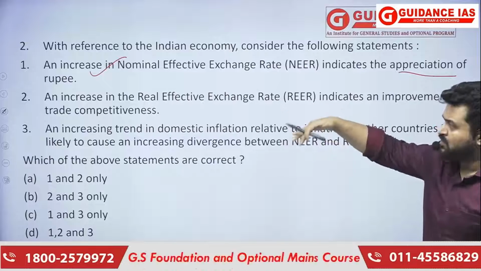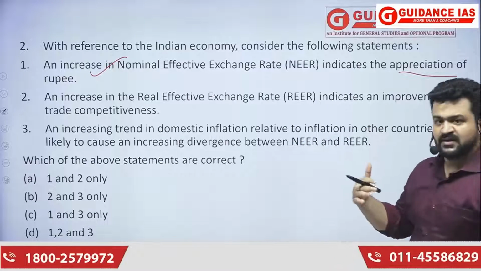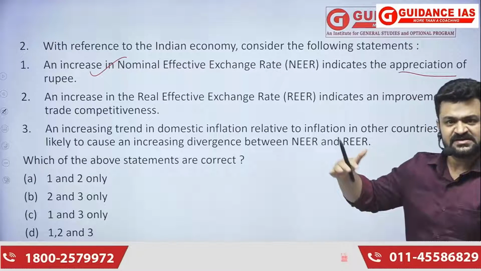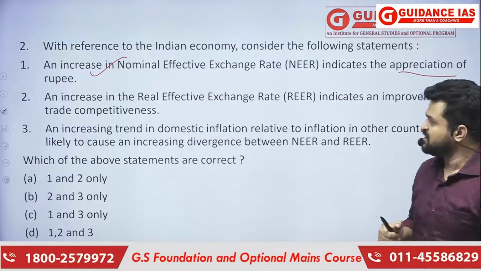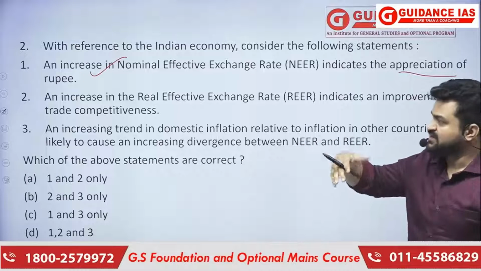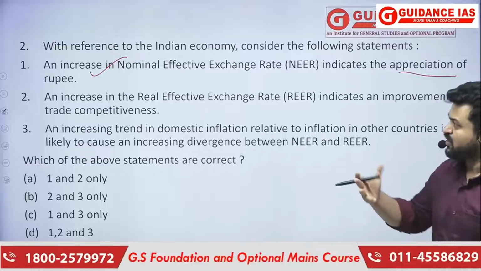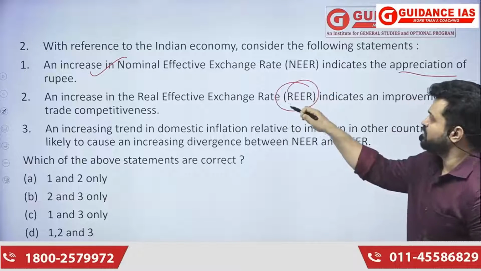REER also takes into account the inflation level in the respective economies, that is, changes in the price levels of the domestic economy with respect to the changes in price levels in the economies of the major trading partners. That is also accounted for in REER.